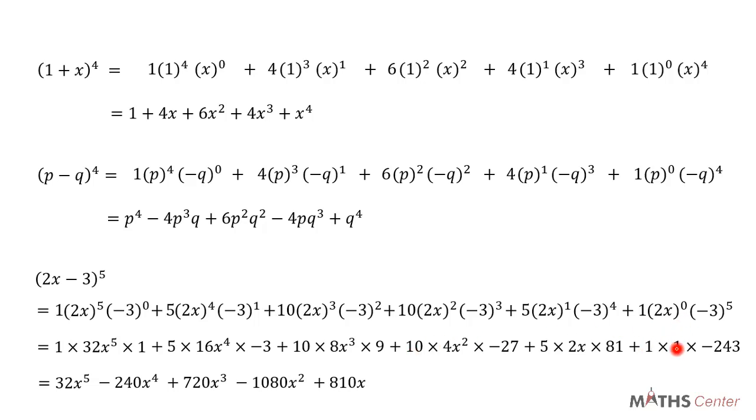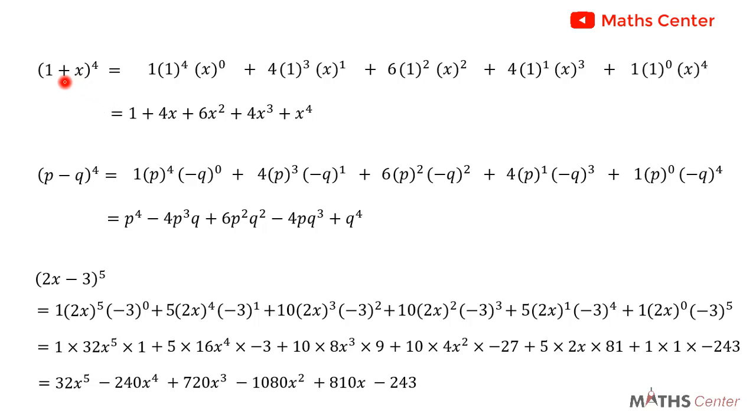And 1 times negative 243 gives us negative 243. So using the Pascal's triangle, we have been able to expand these binomial expressions. As you can see from the 3 examples that we have considered here, as compared to the previous method that we were using where we multiply the expression by itself.